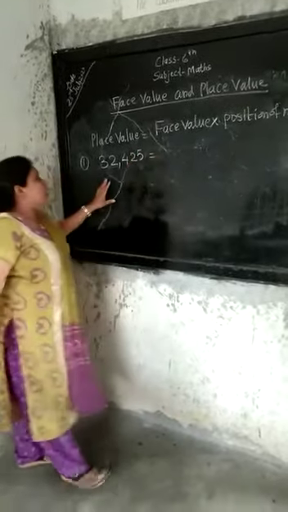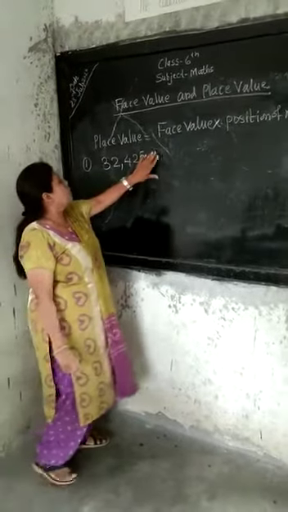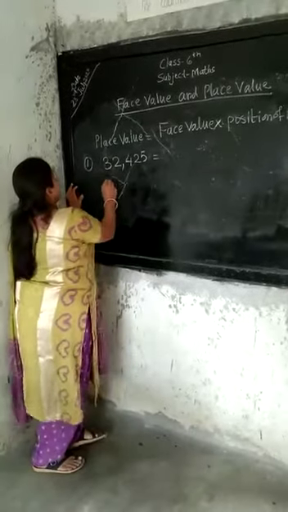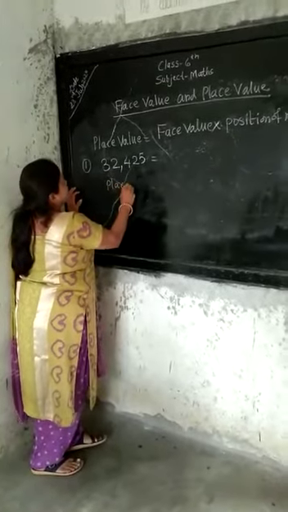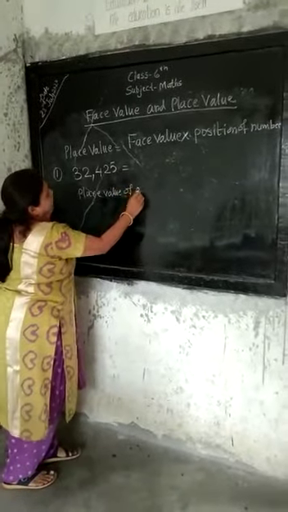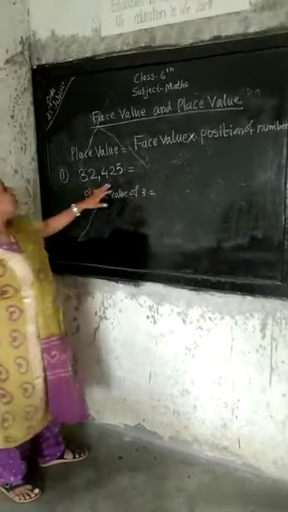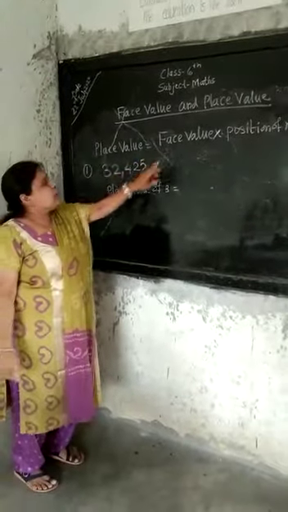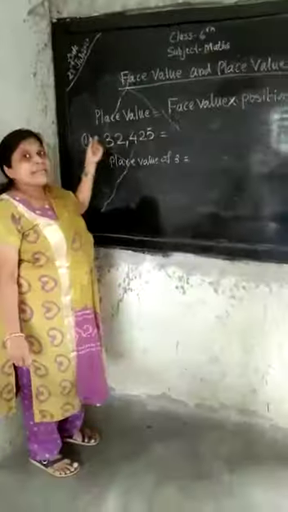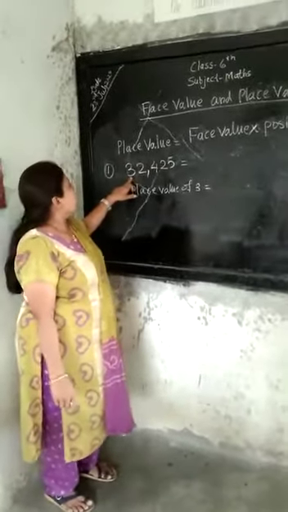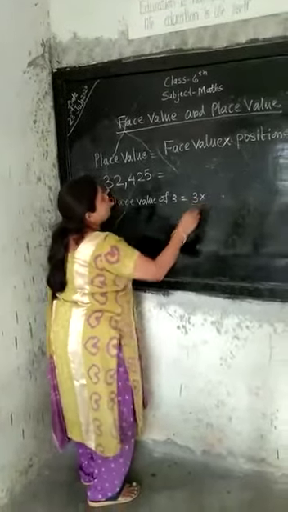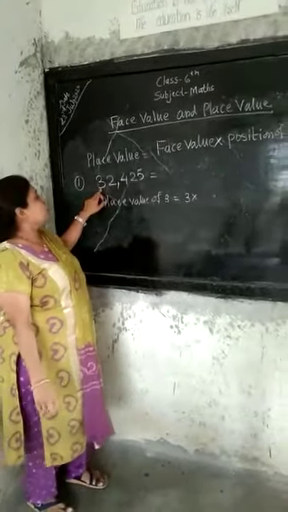In this example, we have to find the place value of 3. Face value means the number as it is. The face value is 3, and we multiply by the position of the number.